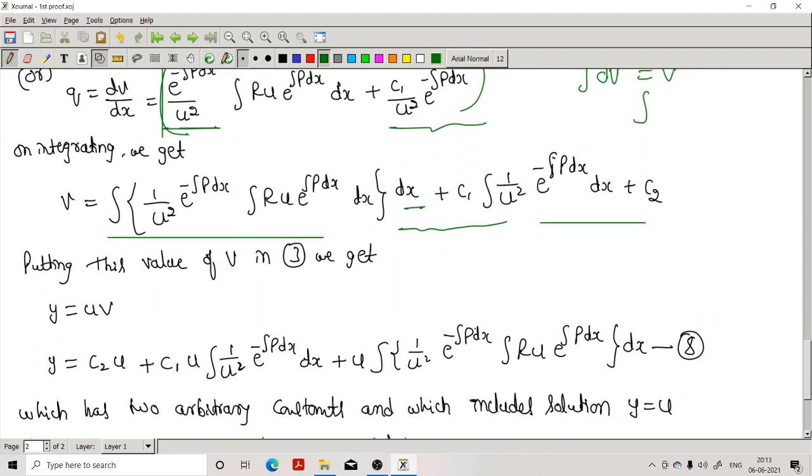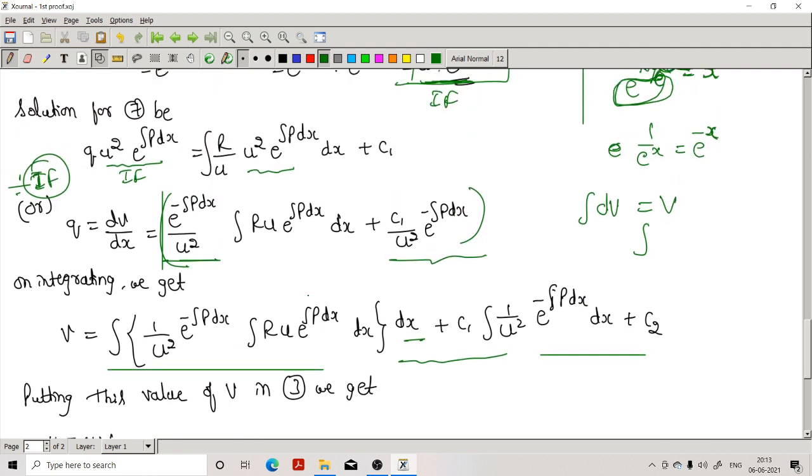Therefore putting the value of v, this is nothing but the required value of v. Clearly see here, this c1 is the constant we get from this expression. On integration we will get another constant, because we are integrating two times. If we integrate the first time we will get one constant, and if we integrate another time we will get another constant. Therefore here we will get c1, and on integration we will get another constant, call it c2.